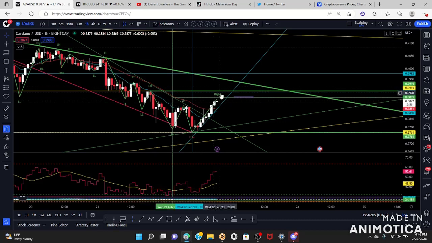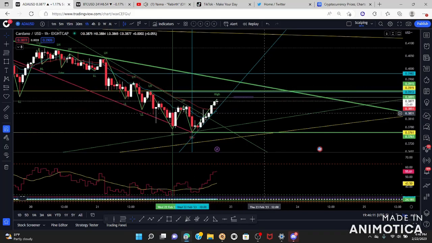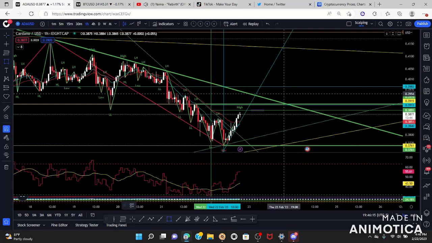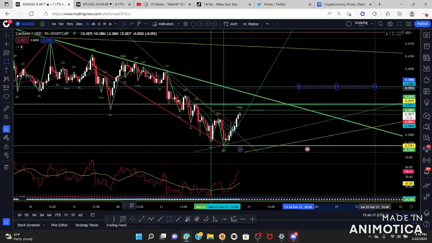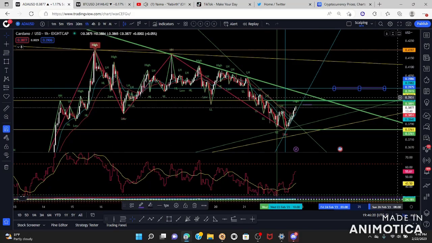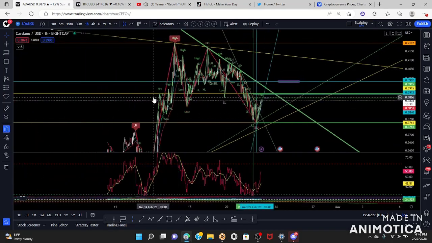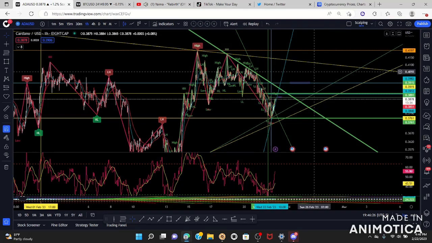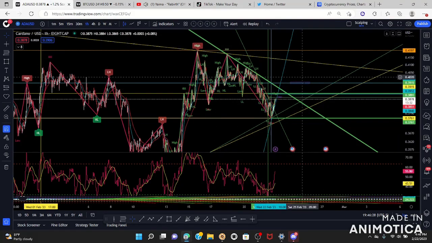If we cross this, it could continue the uptrend. If we cross this 4-hour trend line, that's when we need to be careful, because you will see this target being hit. This is a 1-hour target, and then we continue to the upside within this wedge here.